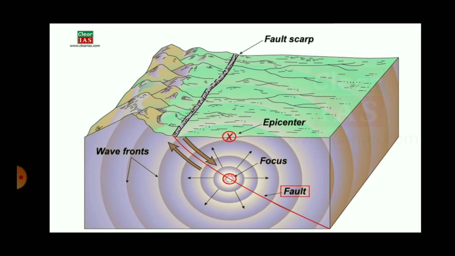A point will come when no more tension can be accumulated, and that tension gets converted into high energy, and the place where this high amount of tension has accumulated will be the center of the earthquake. It will be the point from where the seismic waves will start traveling.